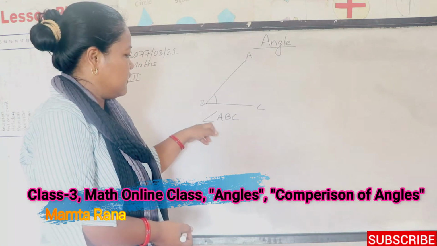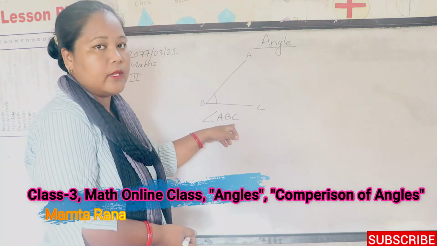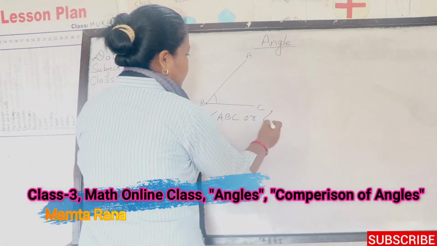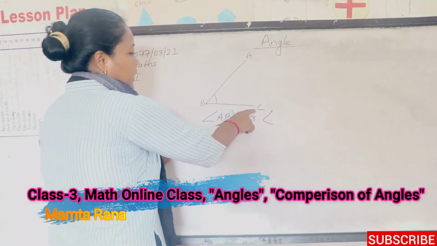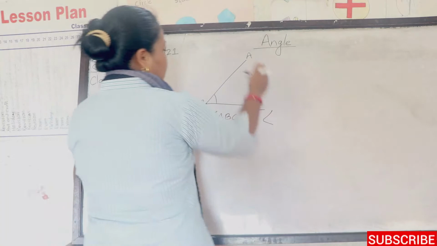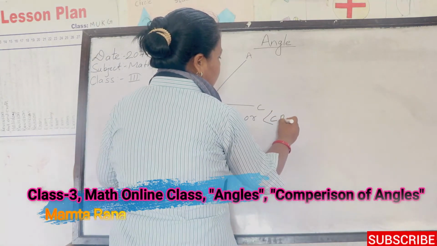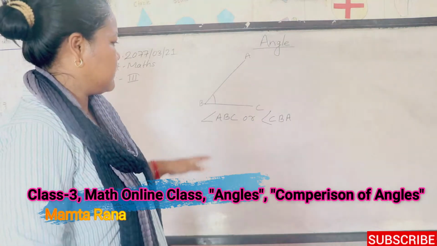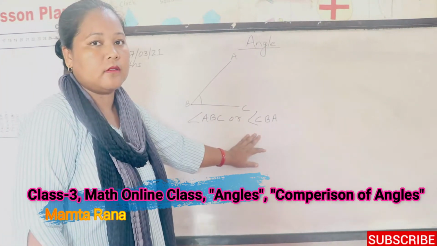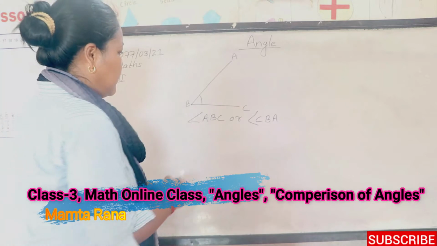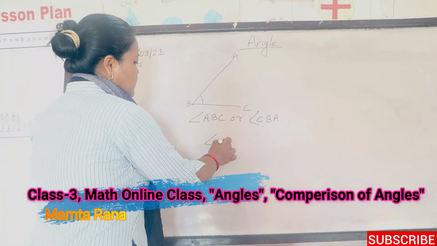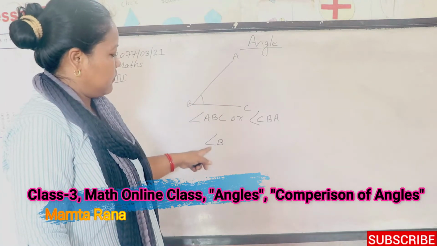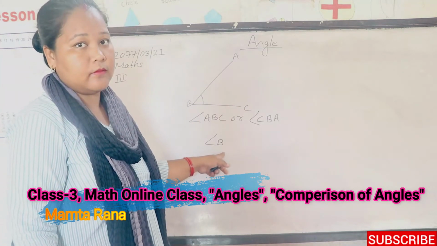Giving this notation, angle ABC, or in another way, from this side, angle CBA. Okay, this is the notation of angles. Simply we can write angle B also.